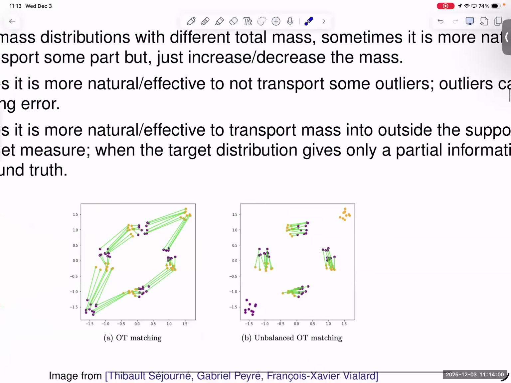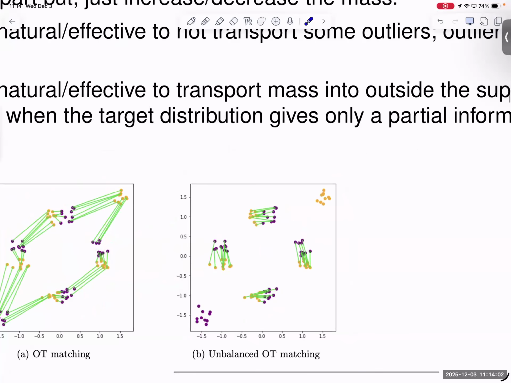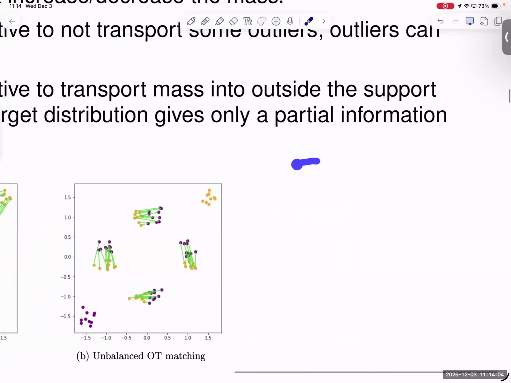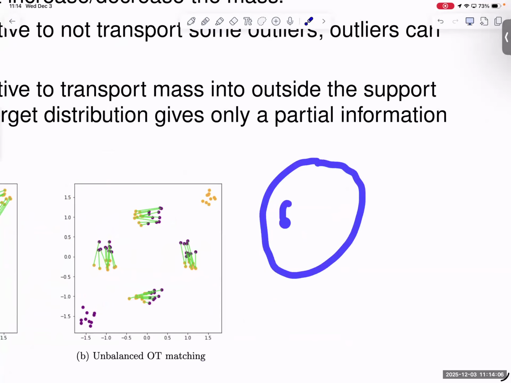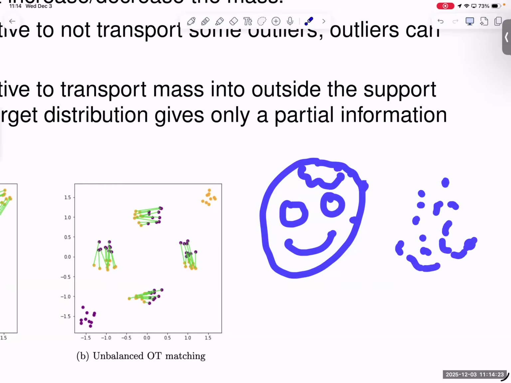But one hypothetical example is this: you have, let's say, some kind of shape from some imaging, but some information, let's say here, is missing, and then you have some samples here, other samples, and you want to match these two distributions.